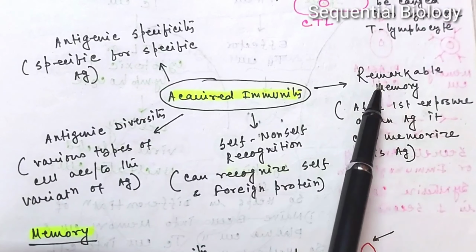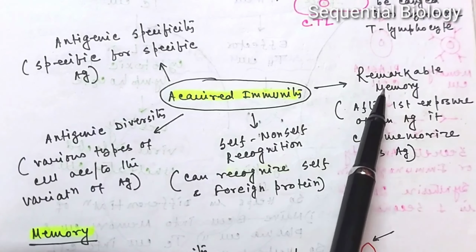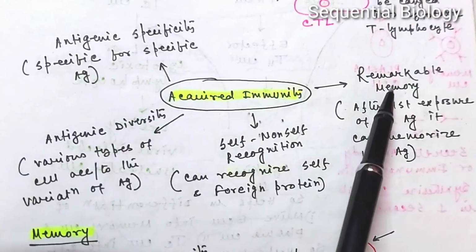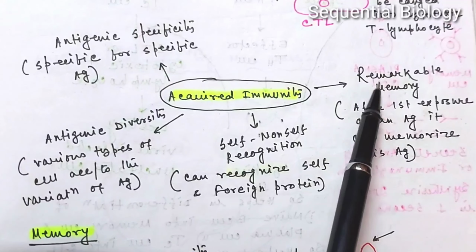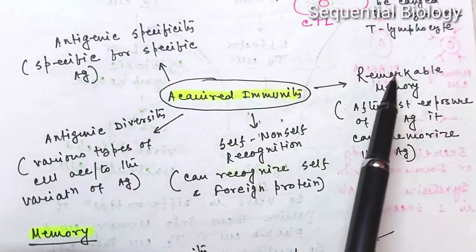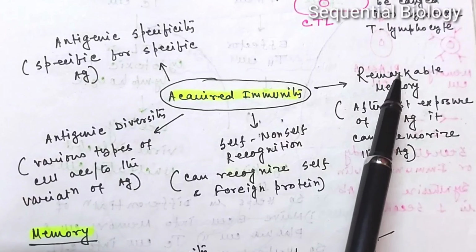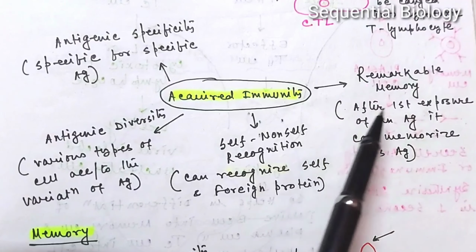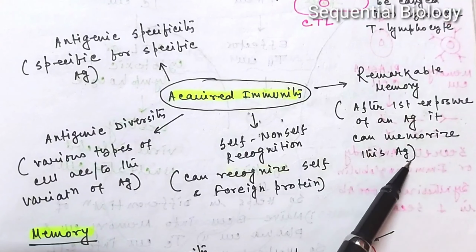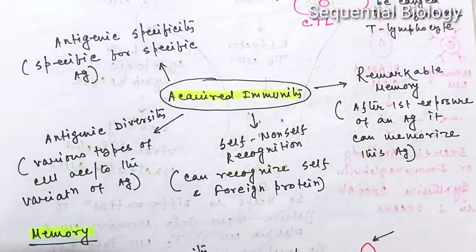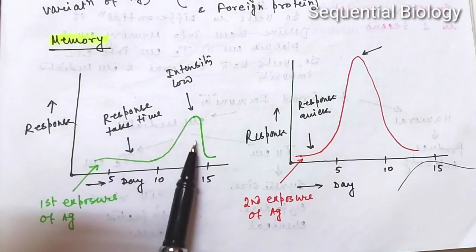Whenever any antigen enters a second time in our body, these memory B cells will be activated, and so our immunological system becomes stronger whenever any pathogen enters a second time. After the first exposure of an antigen, it can be recognized. Memory is very important in acquired immunity.